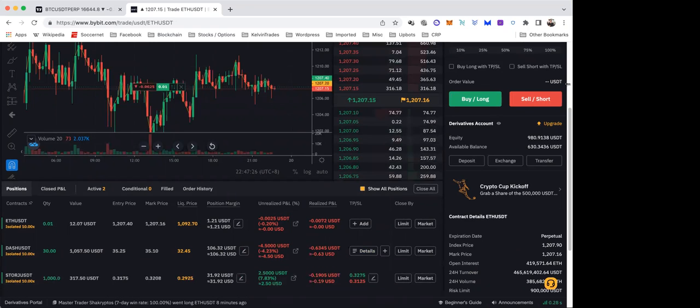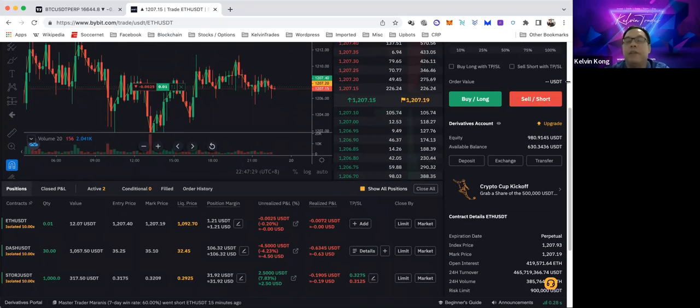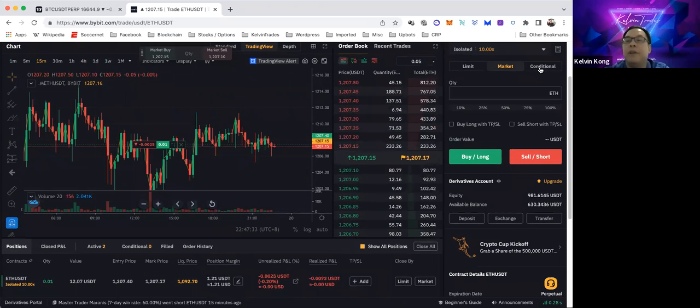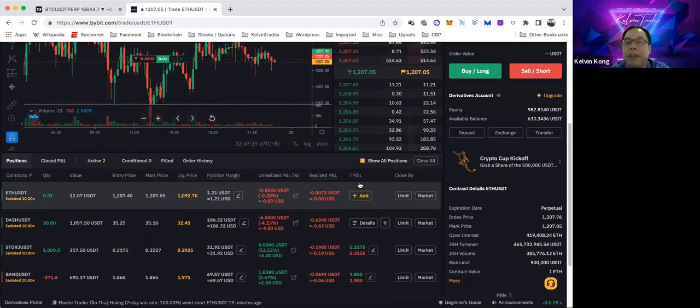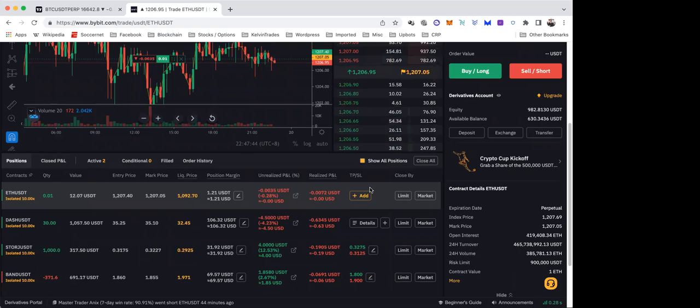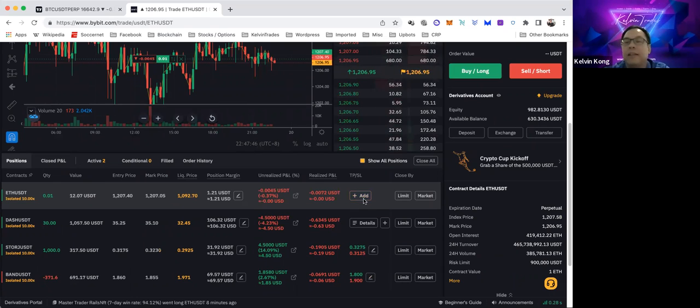If you have set a stop loss using a conditional order, you cannot set another stop loss over here. By the way, this add thing is a market order. So you need to cancel one or the other.